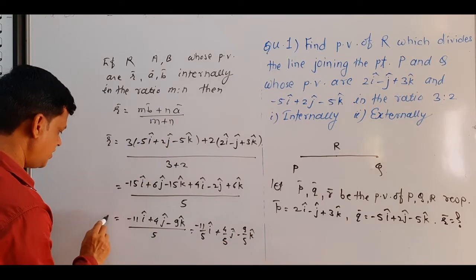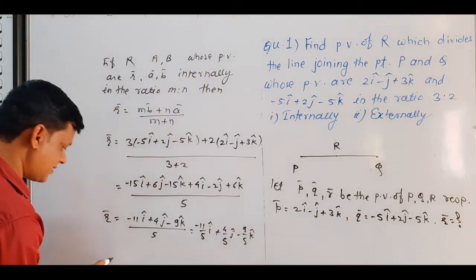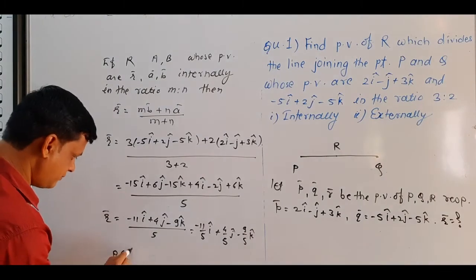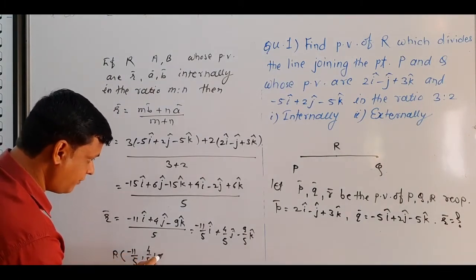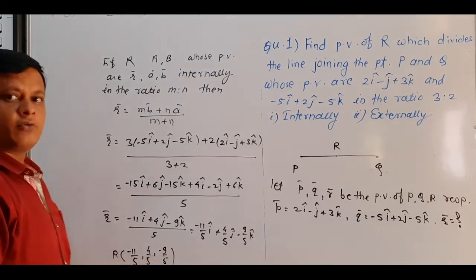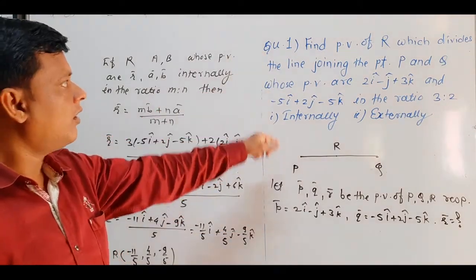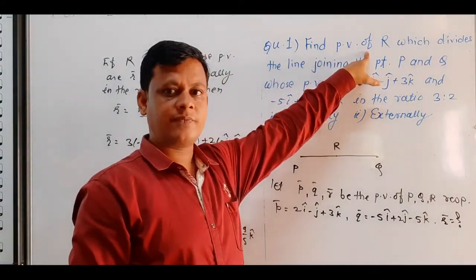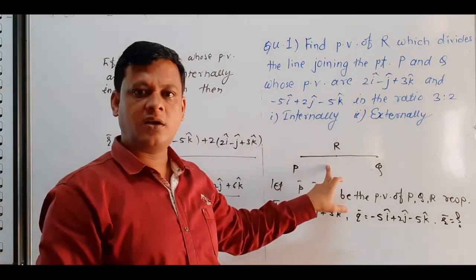So this is the position vector of point R. We can write its coordinates as R of minus 11 by 5, 4 by 5 and minus 9 by 5. In this way we can find the coordinates or position vector of R when that point divides this segment PQ internally.